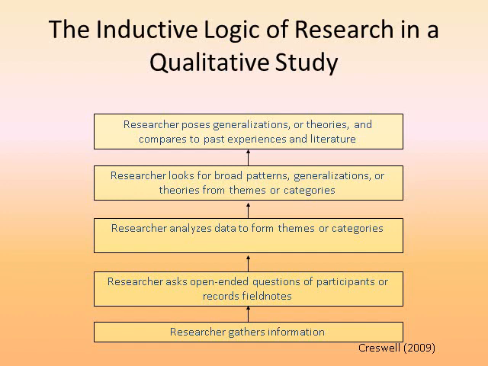In contrast to the deductive approach used in quantitative research, which was a top-down approach, and the chart a few slides ago showed the arrows going down, in the inductive logic of research used in a qualitative study, the arrows in the chart move upward, where the researcher gathers information, asks open-ended questions of participants or records field notes.